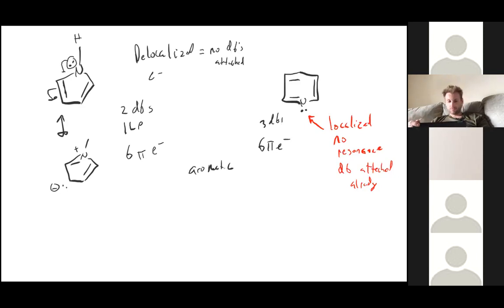A good example of when something is localized versus delocalized is going to be oxygen in one of these rings. So if I have this furan ring here, I've got two different sets of lone pairs.